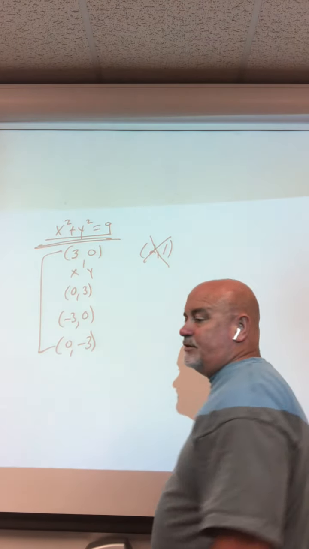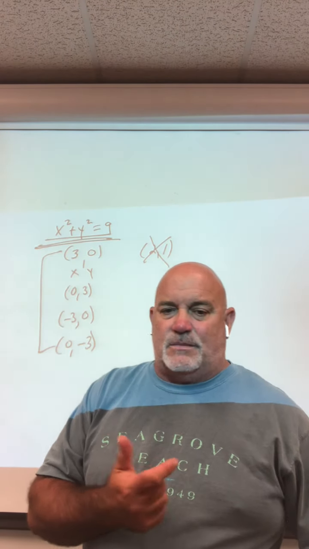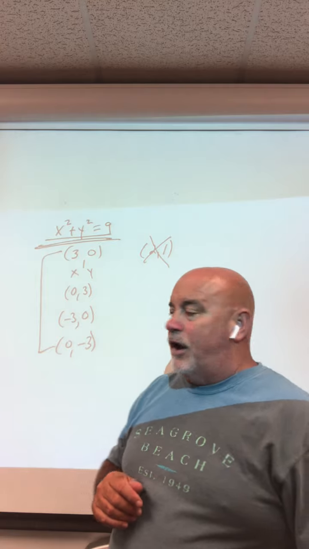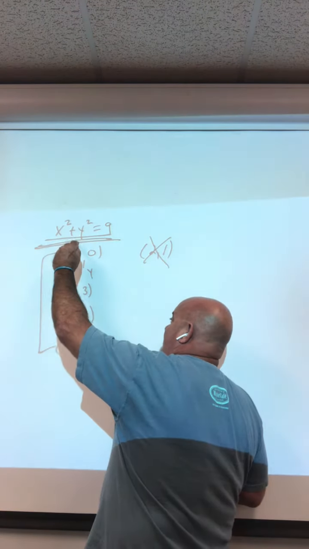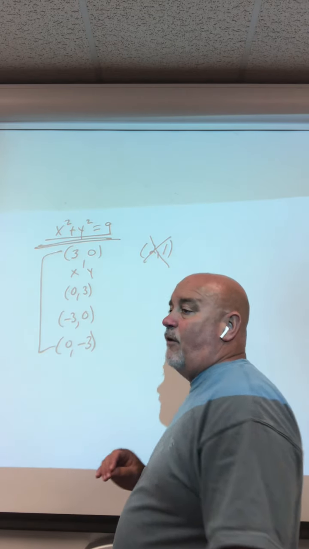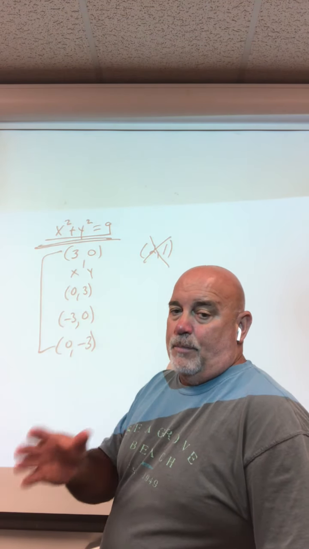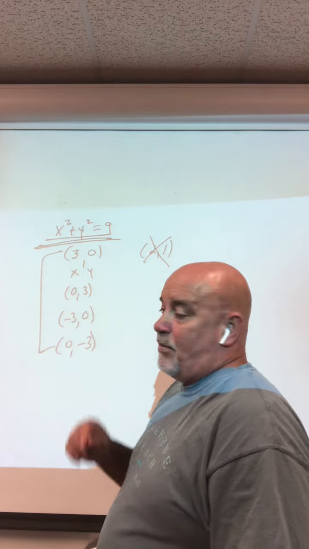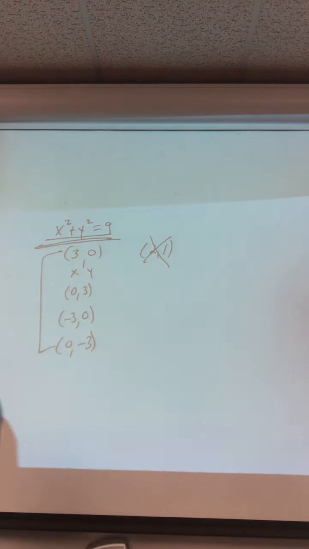All of the other answers have crazy little decimals in them and stuff like that. So don't think by any stretch of the imagination this is the only 4 answers to this problem. It's the only 4 whole number ordered pair answers to that problem. Now let's graph these 4 points and look and see where they're located.